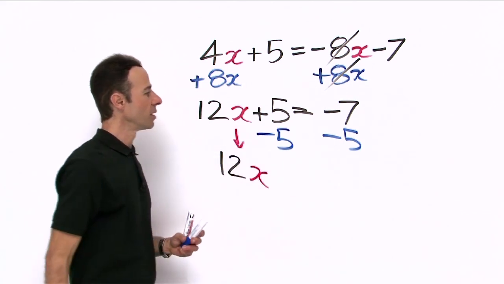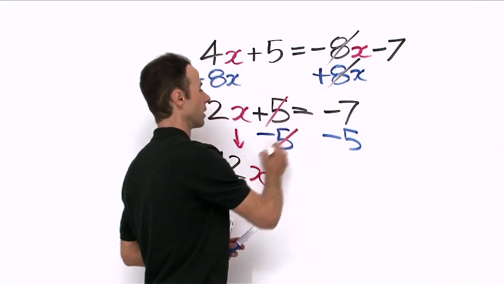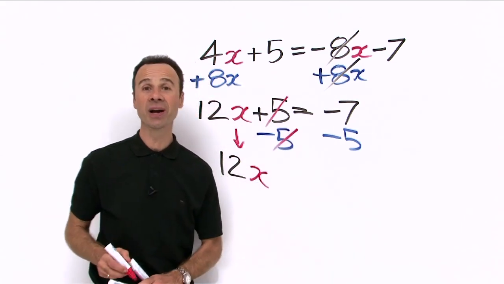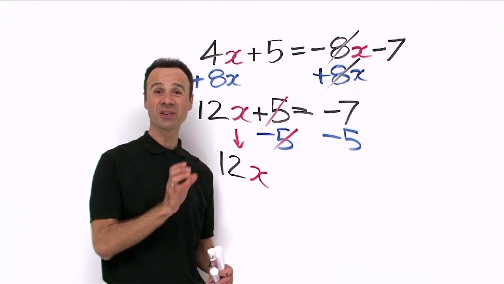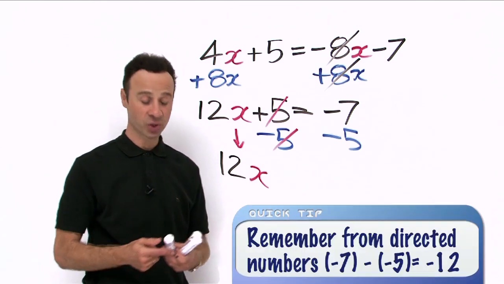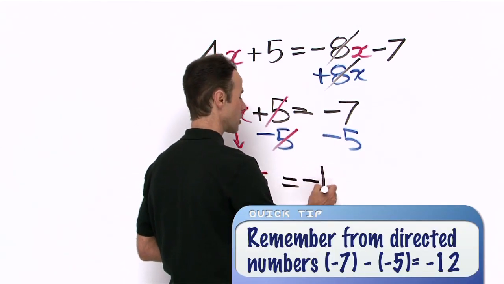Bring that down. Now plus 5 minus 5 is 0. Cancel that out. And on the right hand side we have minus 7 minus a further 5. So minus 7 minus 5 gives you a minus 12. So let's write that in. So that gives us minus 12.